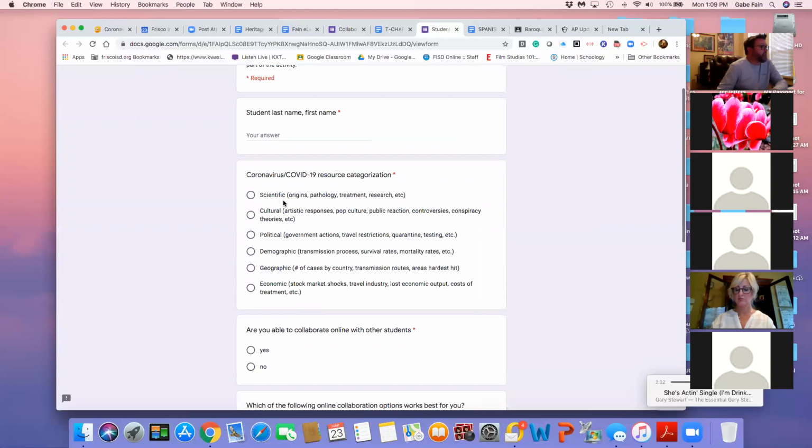So if yours was scientific, we want to stick you with 2 people that have different categories than science. Hopefully you can see where I'm going. If we're asking you to make a comparison to the Spanish flu, we want that comparison to be in multiple categories, not just a scientific comparison.